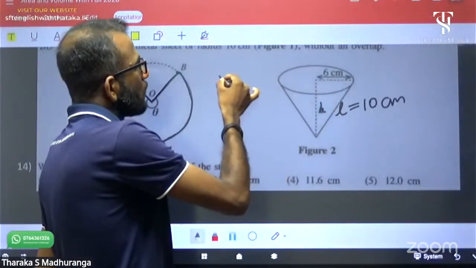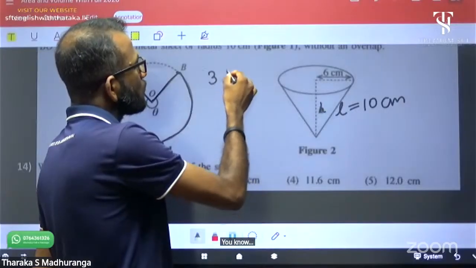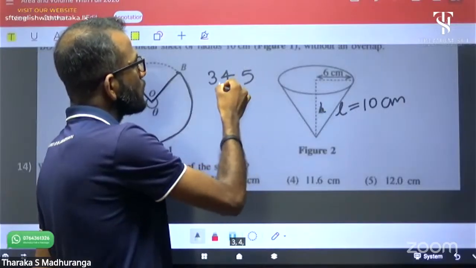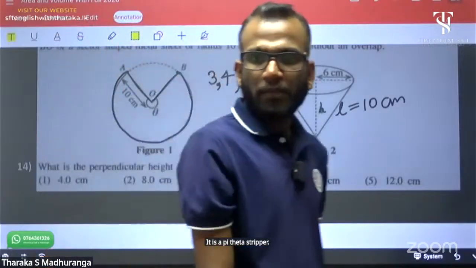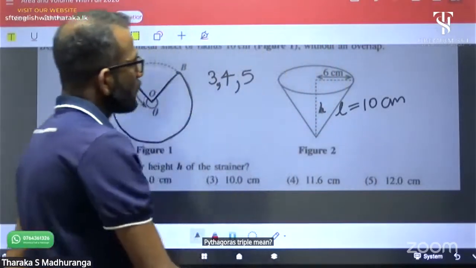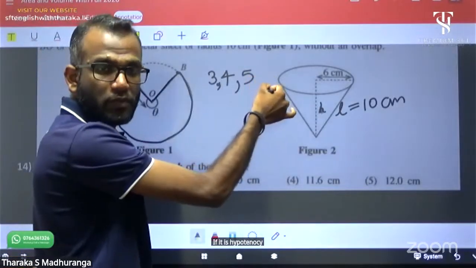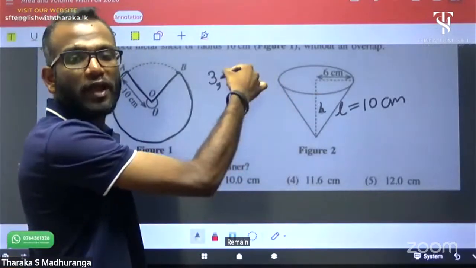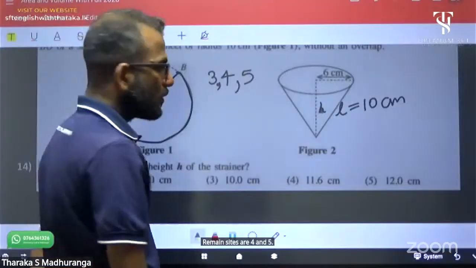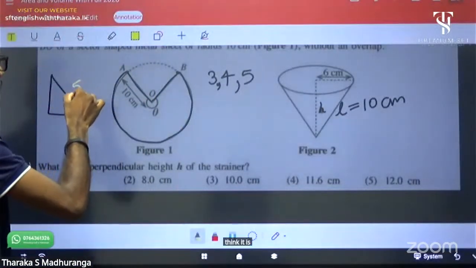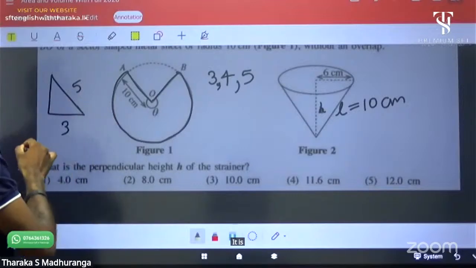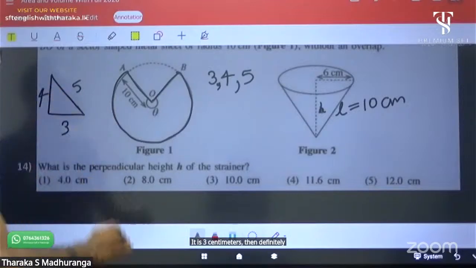You know 3, 4, 5. It is a Pythagoras triple. If the hypotenuse side is 5 and one side is 3, then definitely the remaining one is 4.